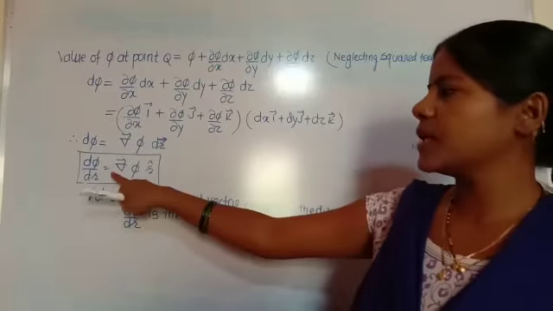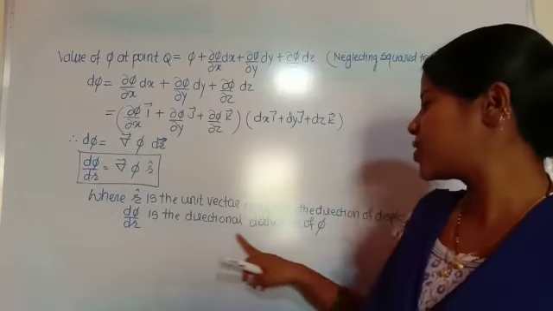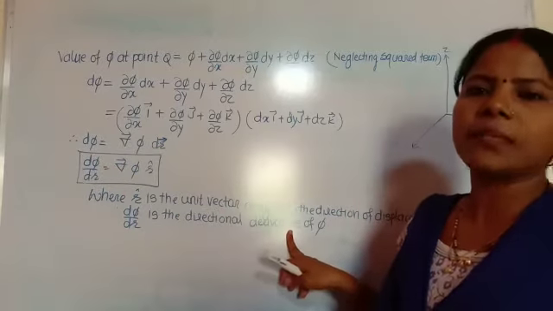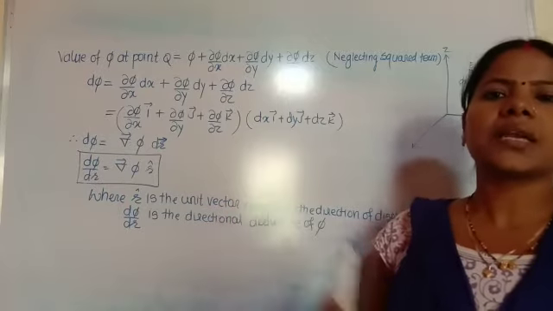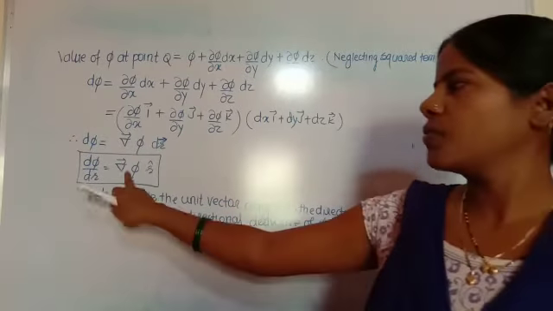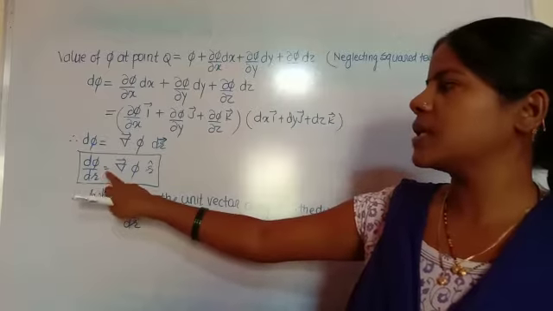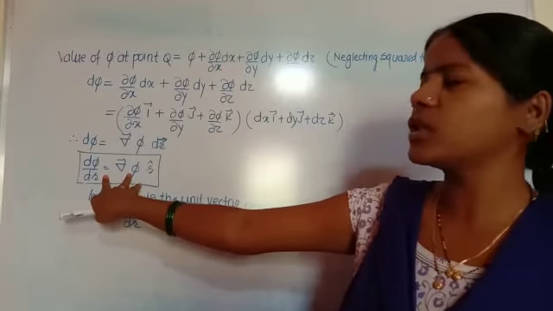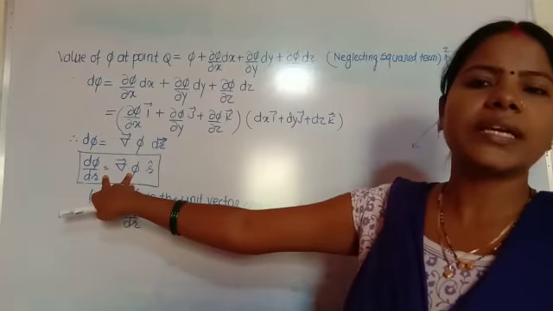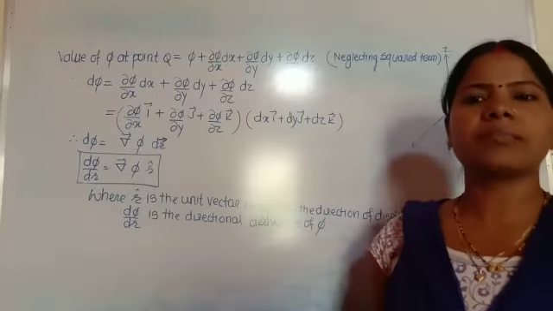That means this directional derivative becomes maximum, that is, the rate is maximum if r is along the operator phi. That means the angle between these two becomes 0. So at that time the rate of change is maximum.